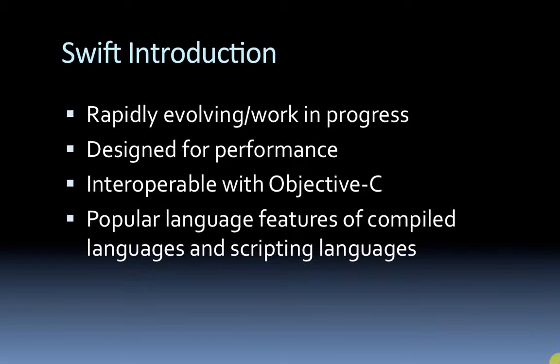Objective-C has been the primary development language for OS X desktop development and for iOS app development since their inception, and for that reason there are millions upon millions of lines of Objective-C code that are already out there. So as you begin working with Swift, you don't necessarily need to rewrite the apps that you've already built for OS X or for iOS.